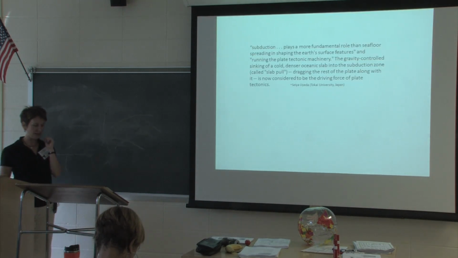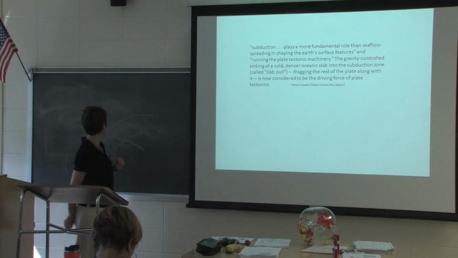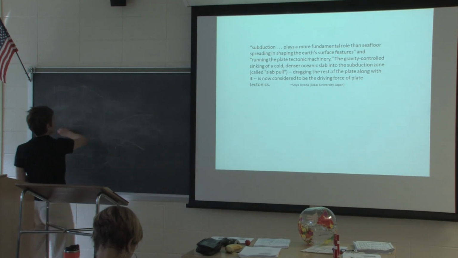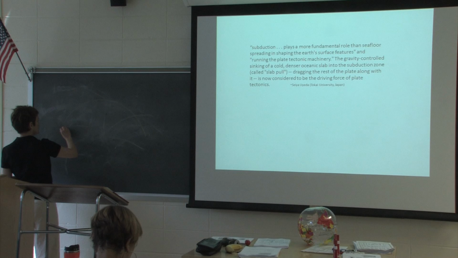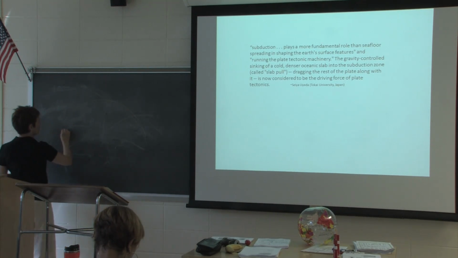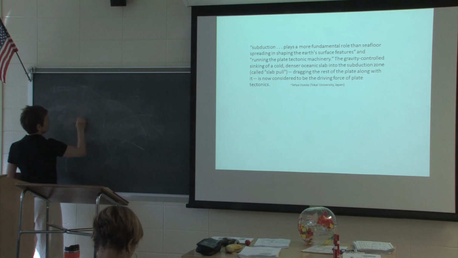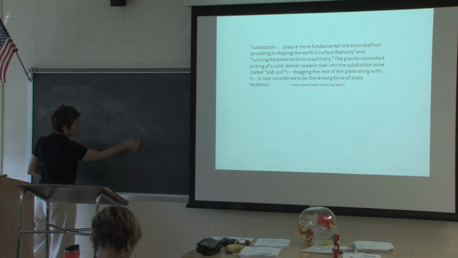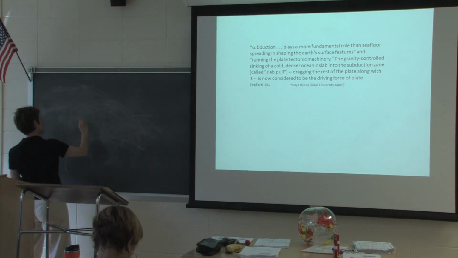Now, we talked about convection cells. When you think about a convection cell in the mantle, do you think about it looking like this? My crust is not drawn to scale, so this will be our mantle here.